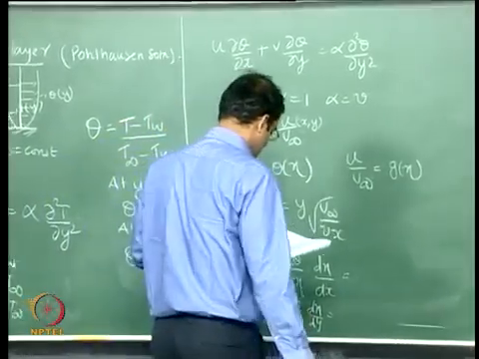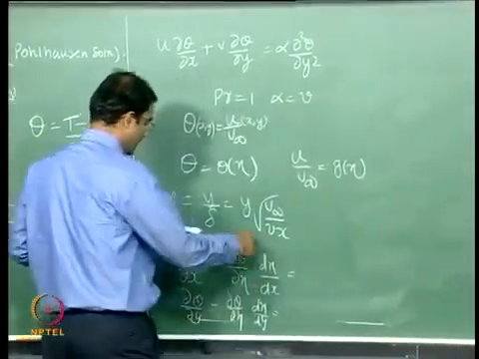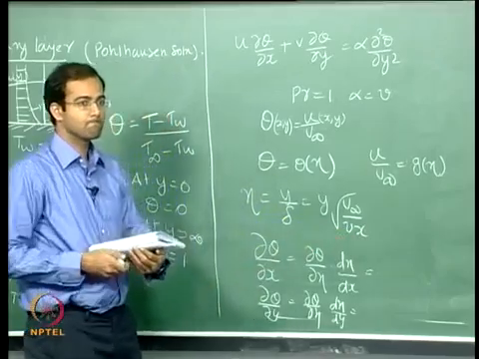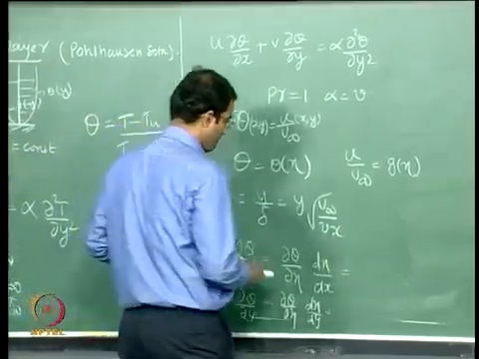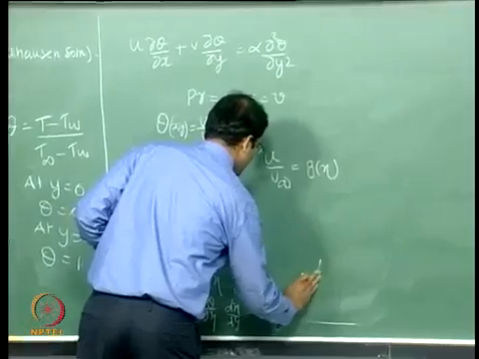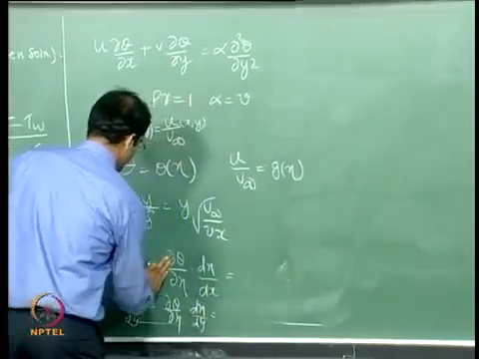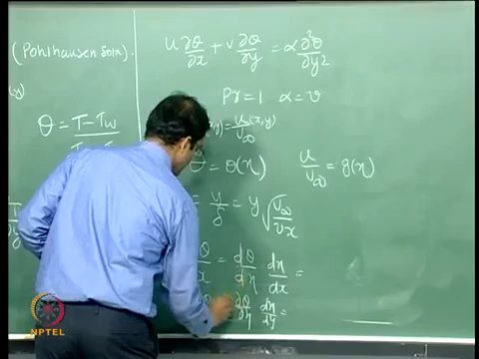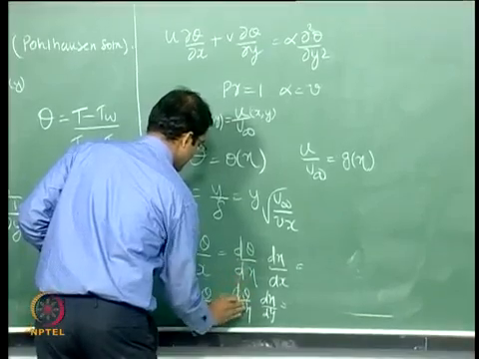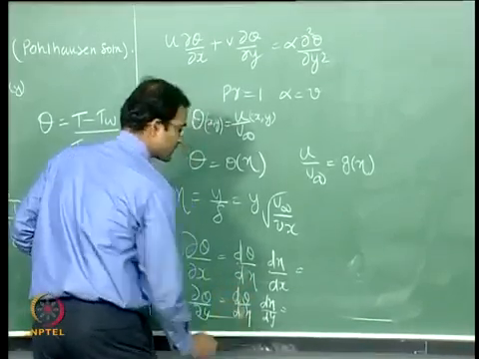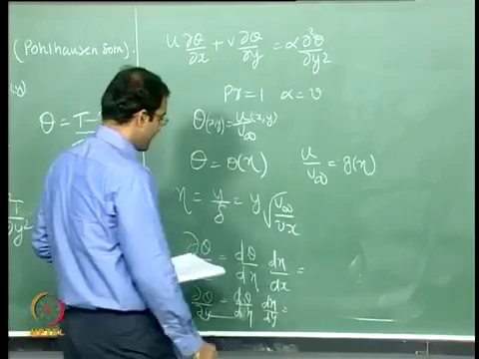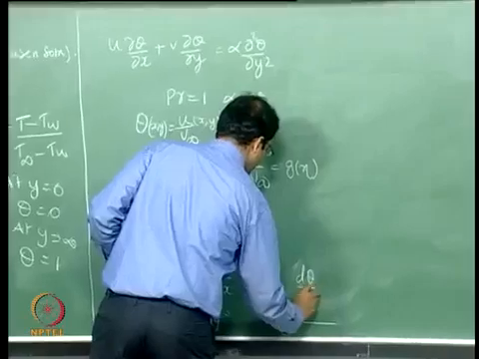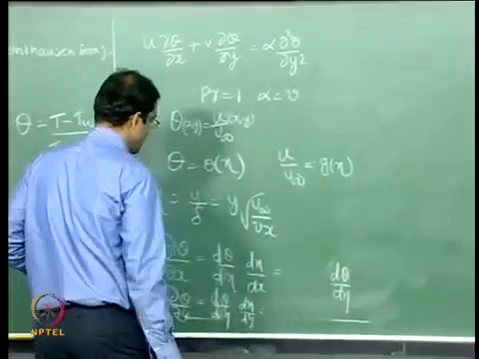and similarly, so this will be what? Can you work out and tell me, your eta is a function of x here? So you have d theta by dx, your theta as a function of eta. I am replacing everything, because your theta is a function of eta only. So this will be d theta by d eta and d eta by dx.